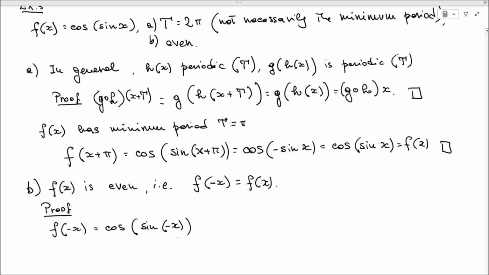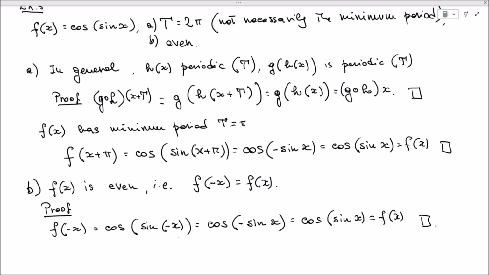But because sine is an odd function, this is equal to the cosine of minus sine of x. And because the cosine is an even function, that is equal to cosine of sine of x, which is equal to f of x. And this concludes the proof.